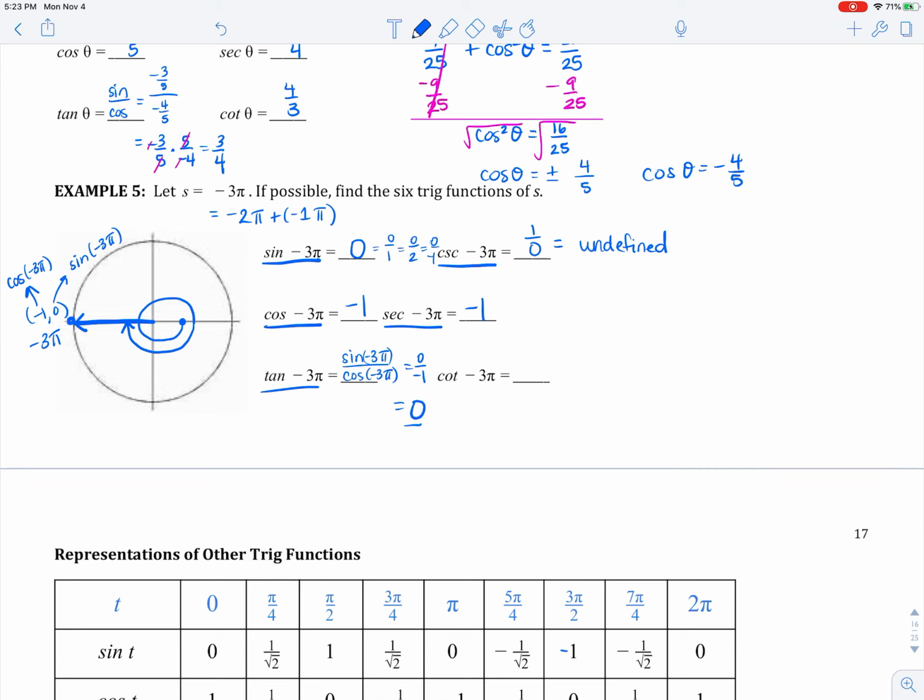We come to the same issue with cotangent. The reciprocal of 0 is undefined.